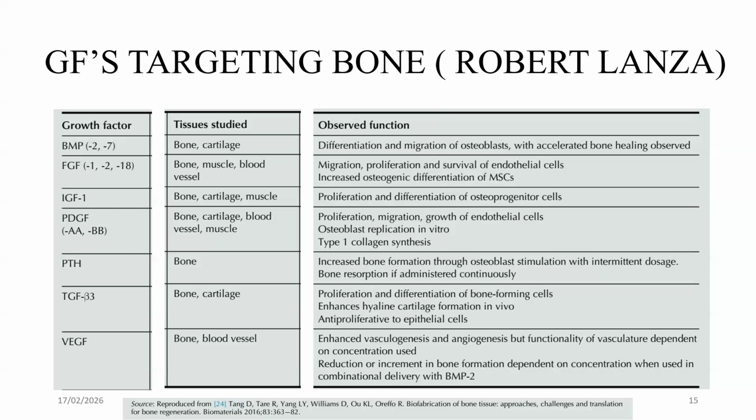So in a lot of papers you will come across, when they're talking about dentine pulp complex regeneration or endodontic tissue engineering, you will always hear VEGF being used, because vascular endothelial growth factor has been shown to produce or trigger angiogenesis. Okay.